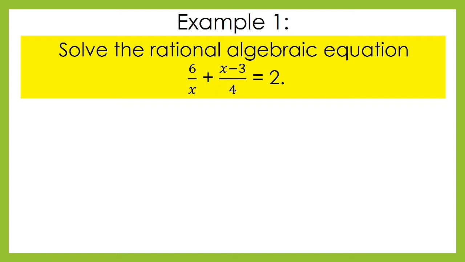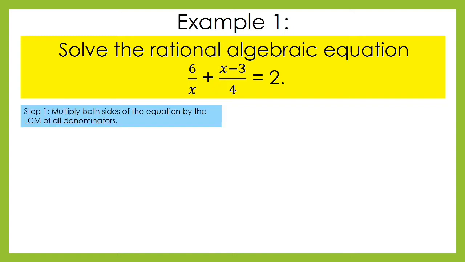The first step is to transform first this into standard form of quadratic equation. Let's have the step 1. We will multiply both sides of the equation by the LCM of all denominators. This is the given equation. Ano kaya ang LCM nila?